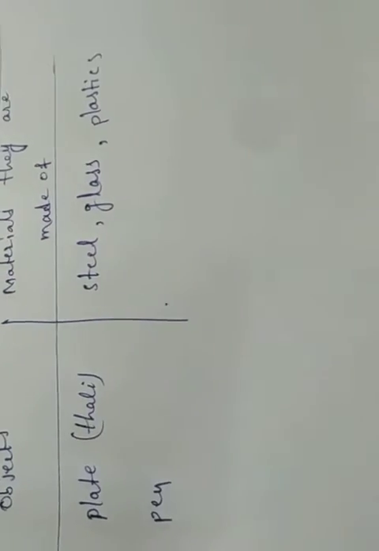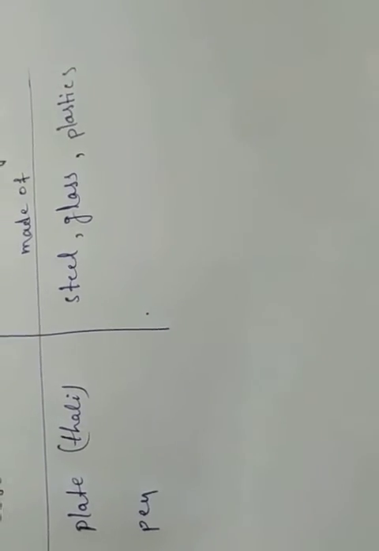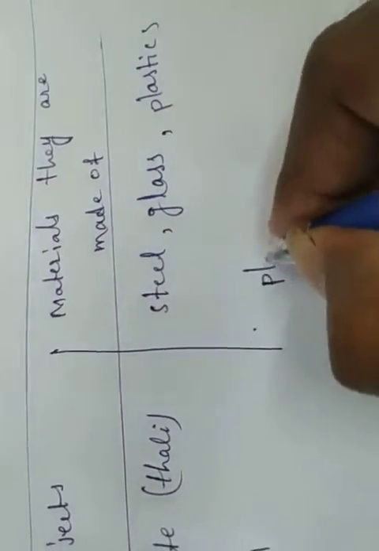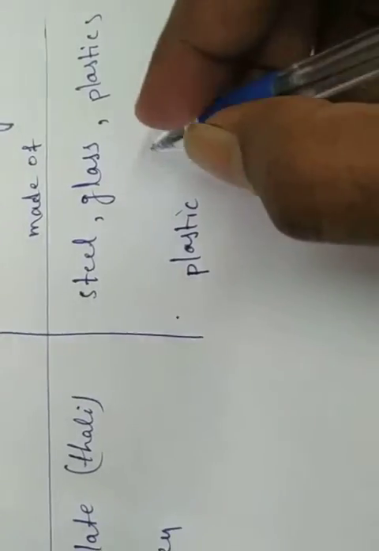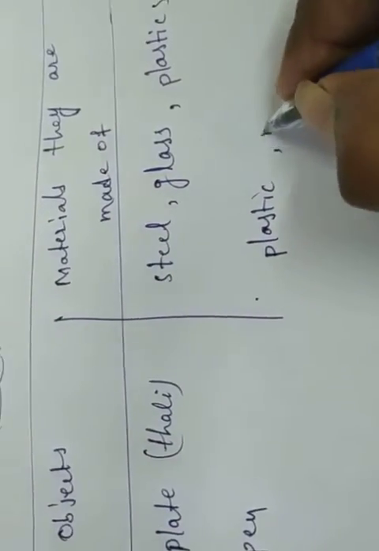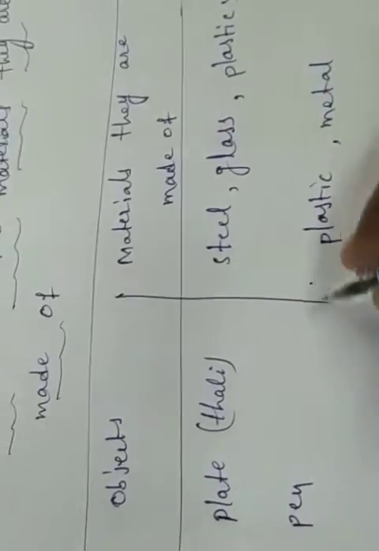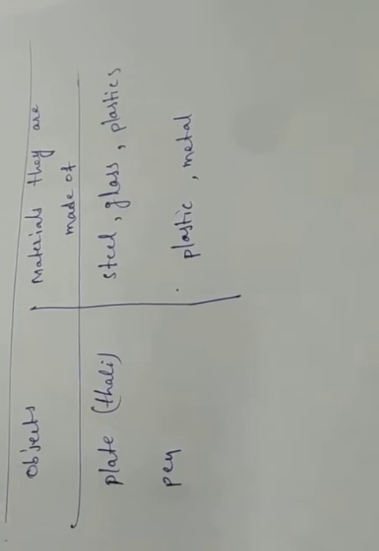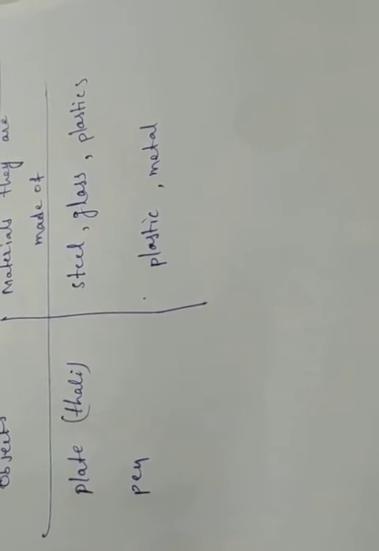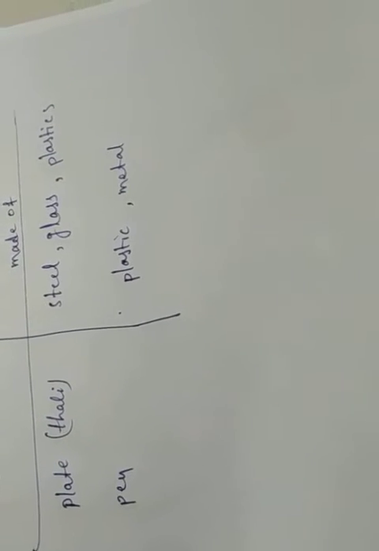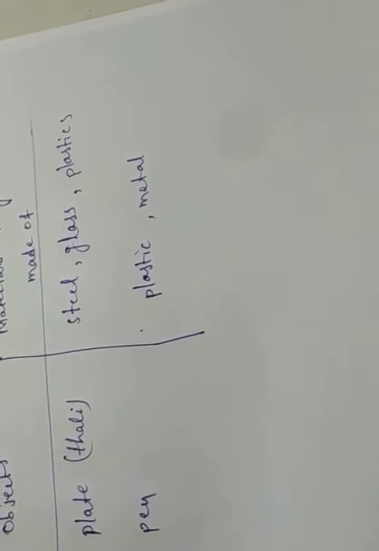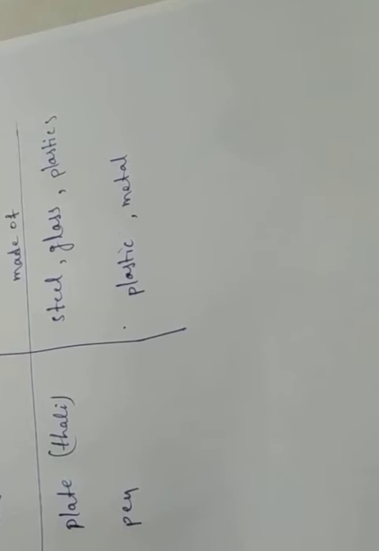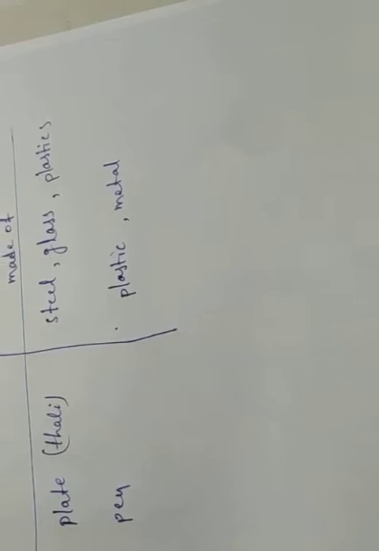And a pen. Which materials are used to make a pen? Plastic, they prepare pens from plastic, and metals are also used: plastics and metals. Not only these two, you have to take many objects and list how they are made. For example, chappals and shoes: how are they prepared? Shoes are prepared from leather and rubber.